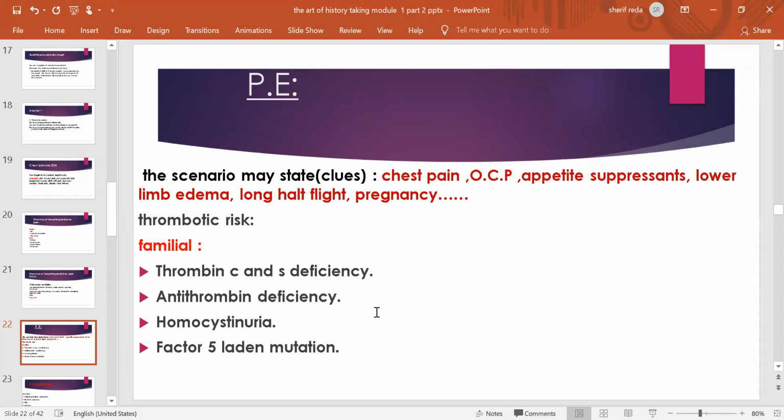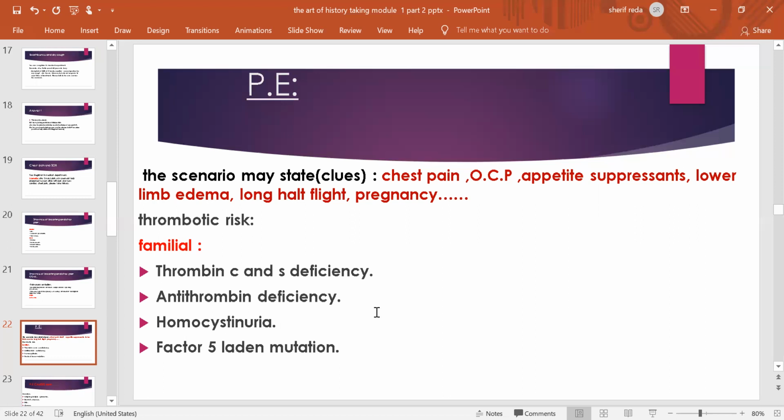You may have some clues while discussing the case with the patient or taking the history that she might be taking appetite suppressants, or she has lower limb edema and she came from a long-haul flight, or she's pregnant, or long recumbency in bed because of a fracture of her leg bone, and so on. So you might have some clues while discussing the case with the patient or from the scenario.